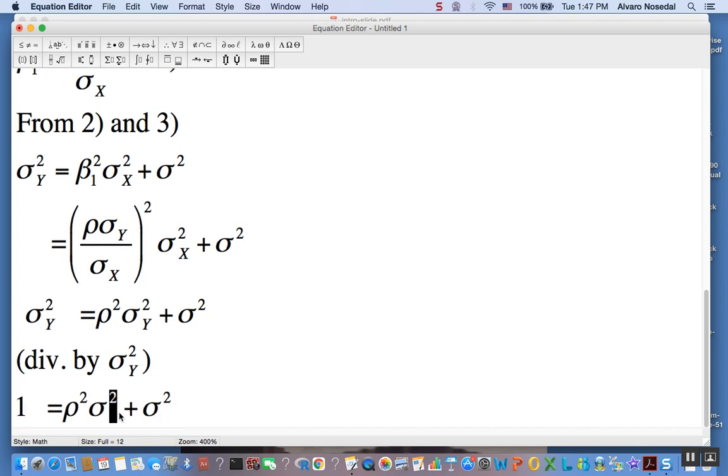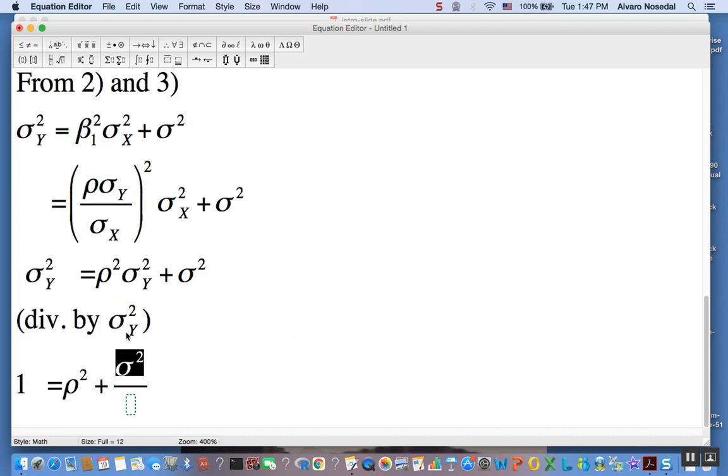Rho square. And now I have to divide sigma by the variance of y. Okay? Now that is equivalent to just saying rho square equals 1 minus sigma square divided by the variance of y, right?